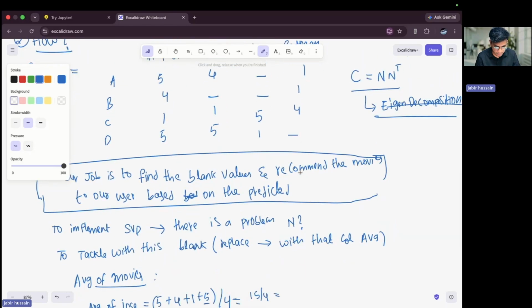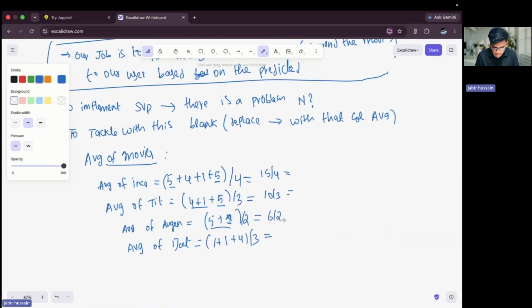So 5 plus 1 will be 6 divided by 2, which is 3, and 6 divided by 3 is 2. Let me calculate on the phone directly, I don't want to miss decimals. 15 divided by 4 is 3.75. Okay, so we got the averages.